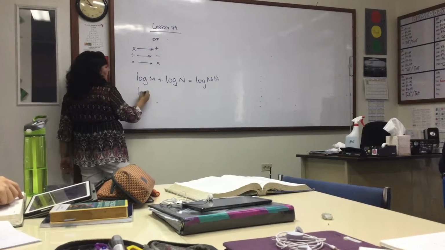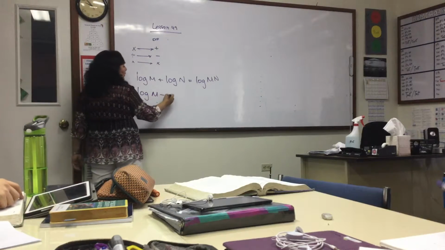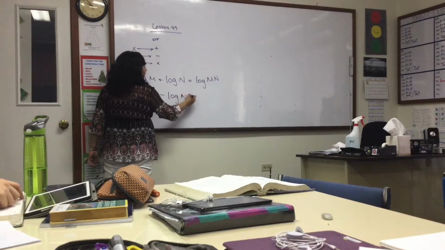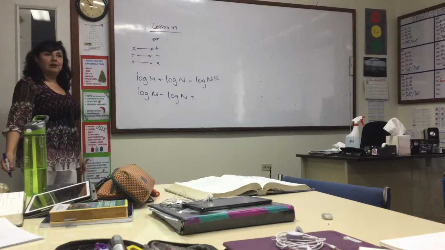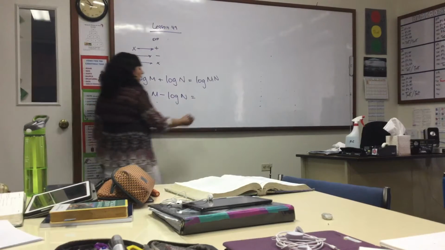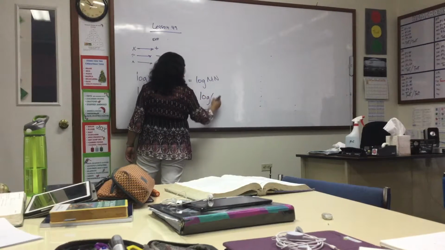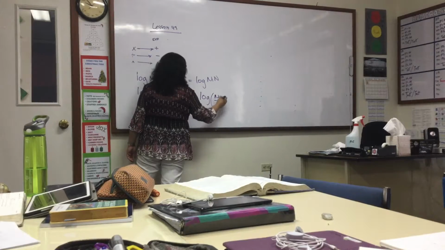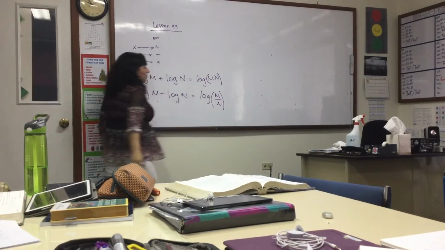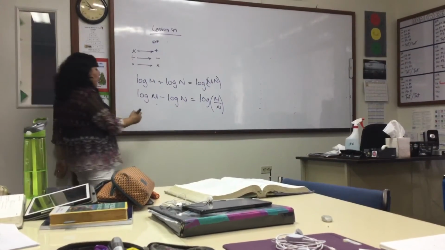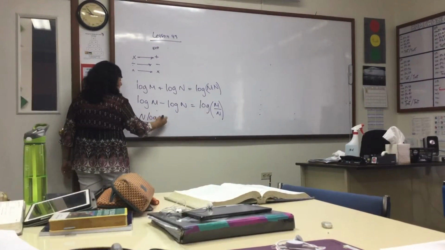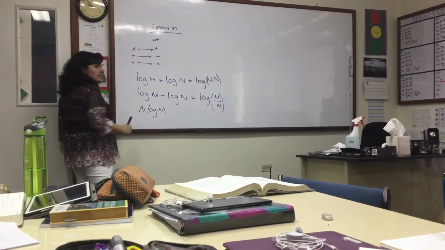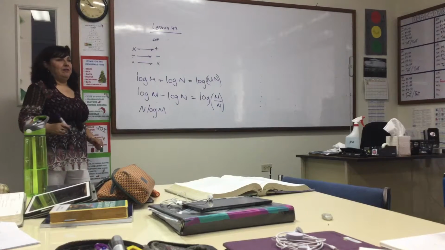Same token. If you are subtracting, what is it that you were doing before? Divide. You were dividing. So you've got logarithm of m over n, right? Yes. And if you have a multiplication, because the n is multiplying this, what were you doing?